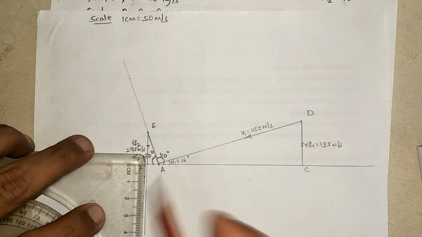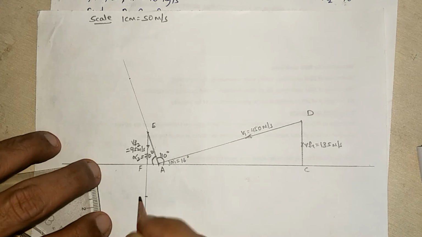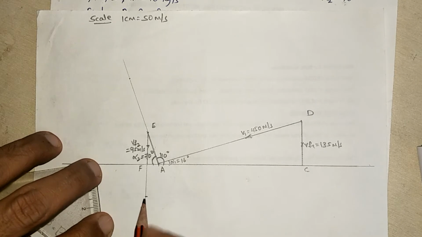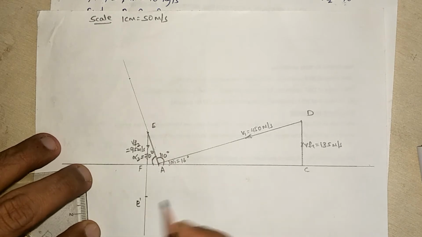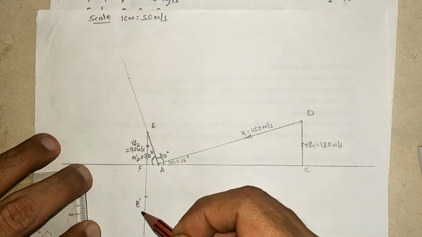I will call this point E dash, small e dash. It is the reflection of this E, so that's why I am going to call this E dash.